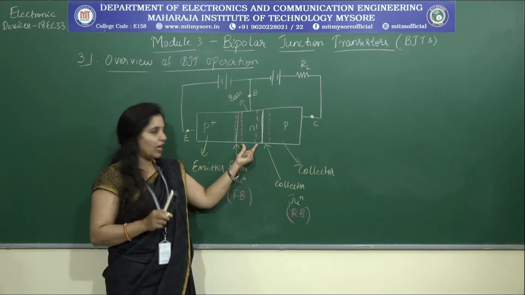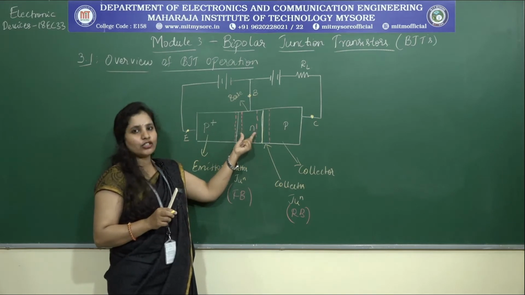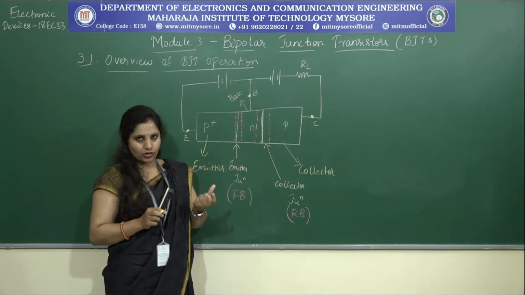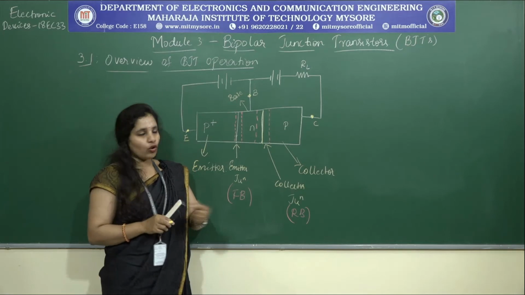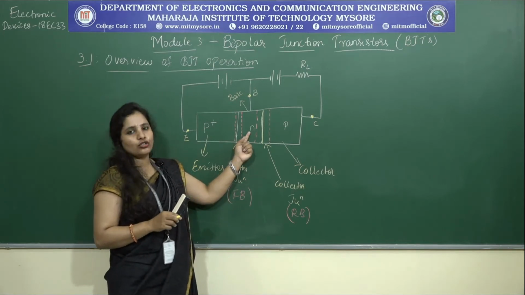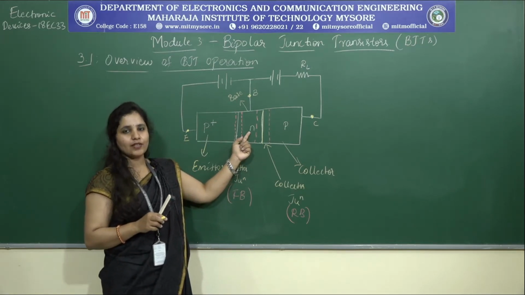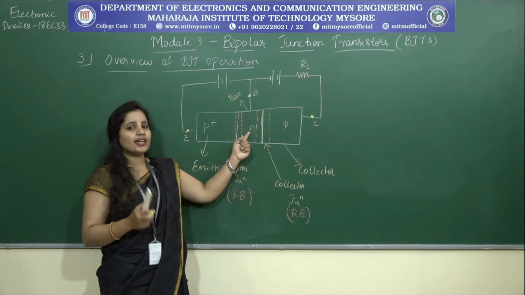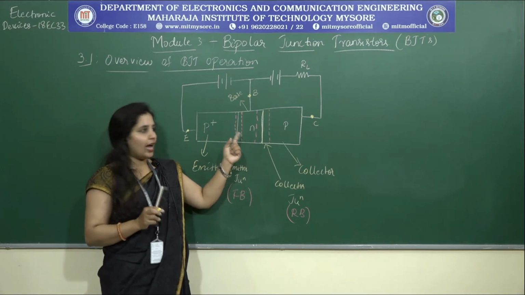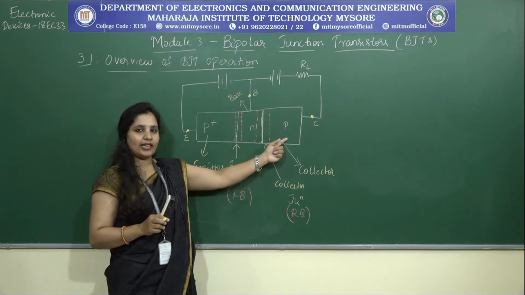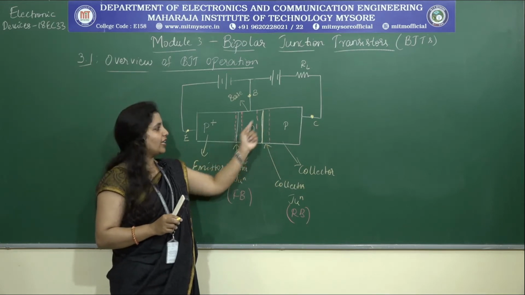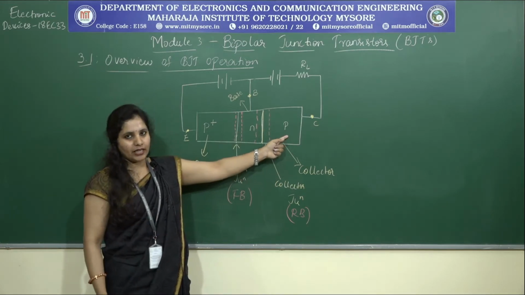By making the width of this N region as small as possible, and I'll also ensure this N region is lightly doped. As a result, we have fewer electrons that can recombine with the holes, and the majority of the holes can get injected into the P type material.